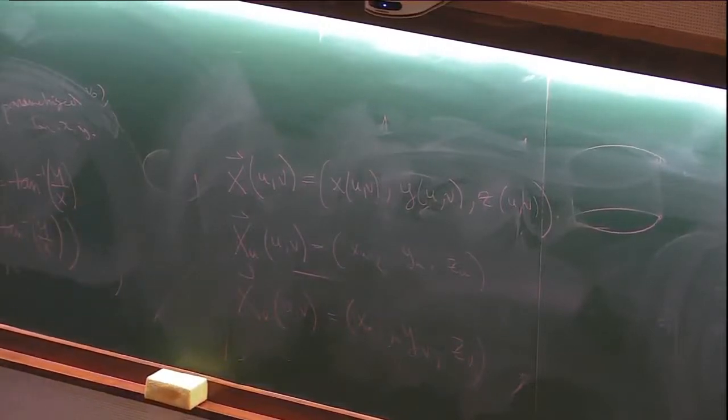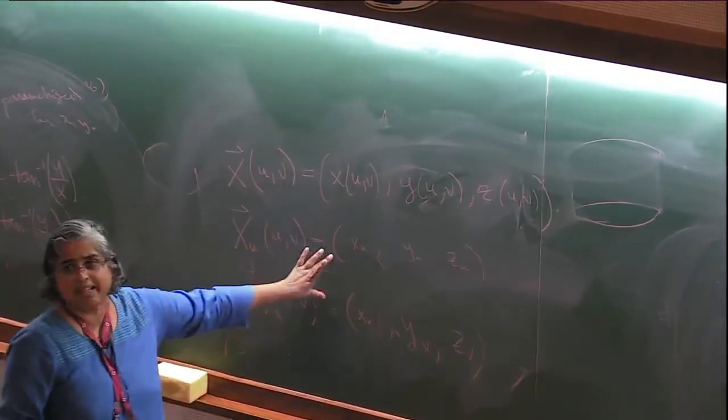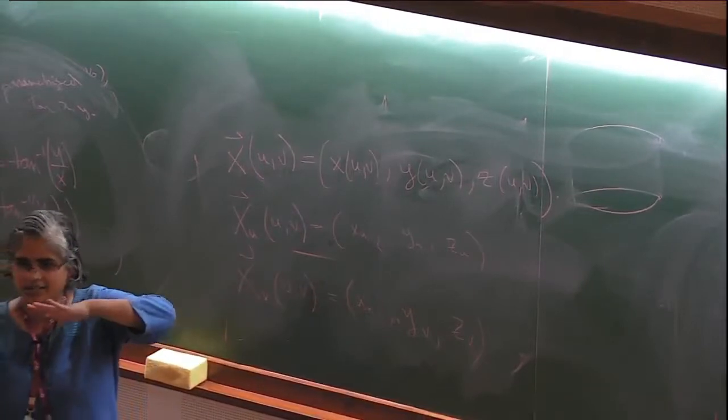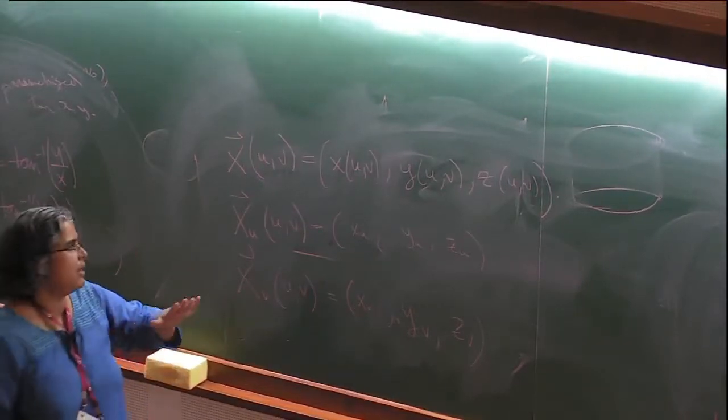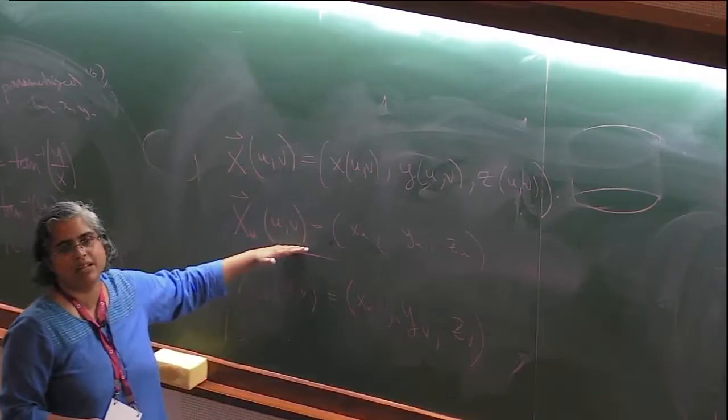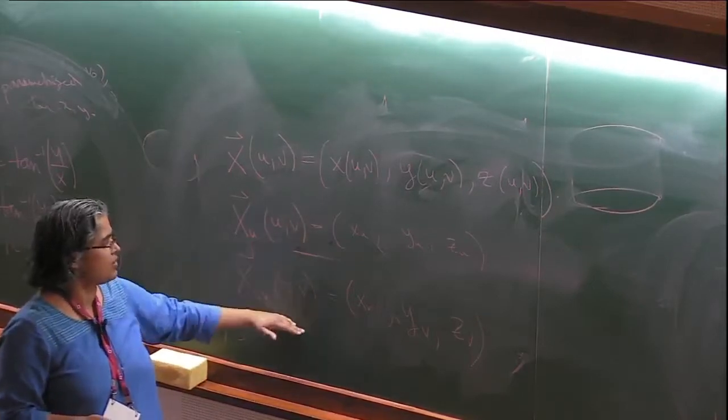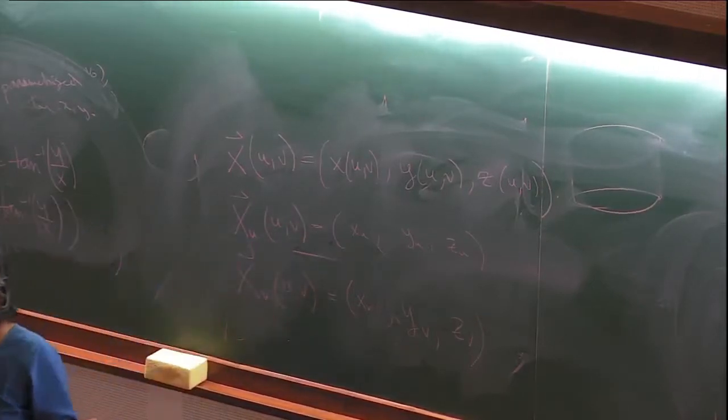These are two vectors. If you evaluate it at some uv, these become two vectors in R3. It turns out that these two vectors are linearly independent if the surface is regular. There is some definition of regularity, but you can even take this to be the definition of regularity, that these two vectors are not proportional to each other. So they span a plane.